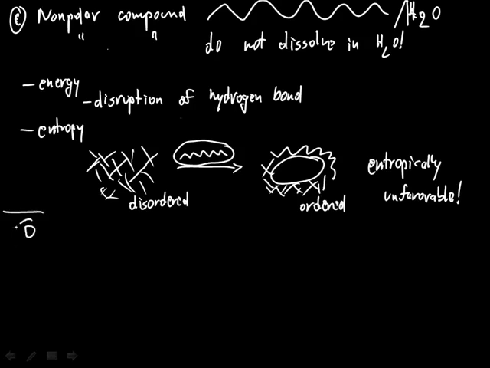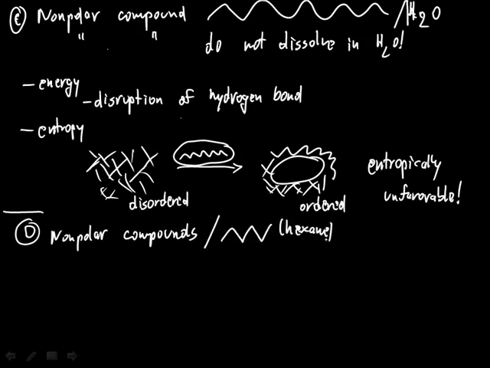The final situation we're going to analyze is nonpolar compounds dissolved in solvents like hexane. And in this case, this simply put works, so we can dissolve nonpolar compounds in hexane because both energy and entropy are working in our favor.